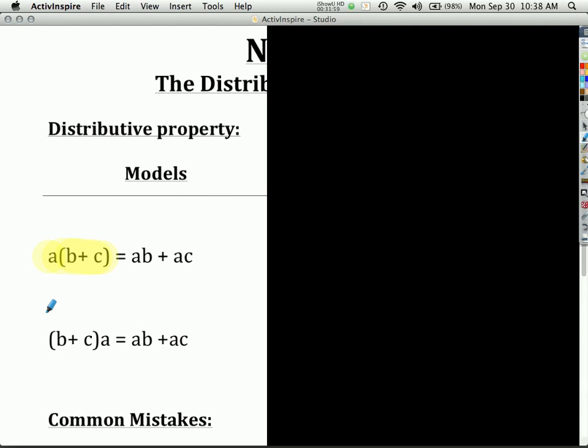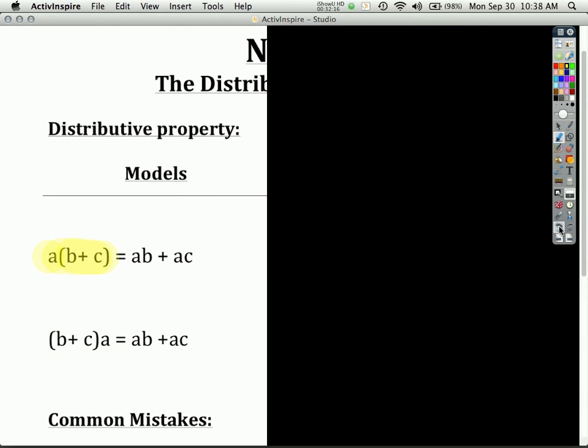Okay? So we can see here in the second model the same exact thing. We have an addition problem inside parentheses and we have a number outside parentheses, and there are grouping symbols. So here's what the distributive property says to do.